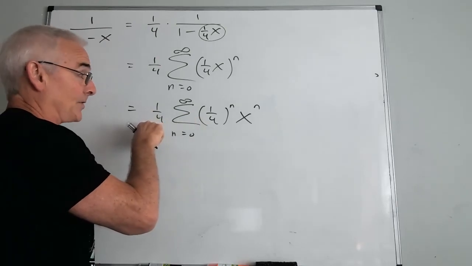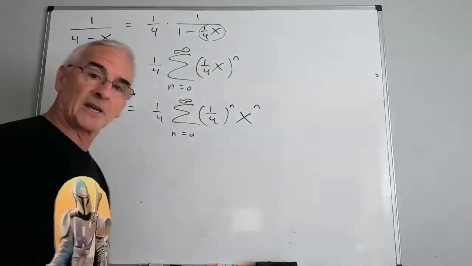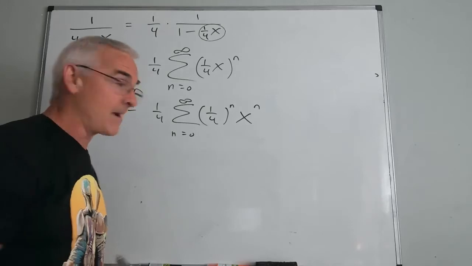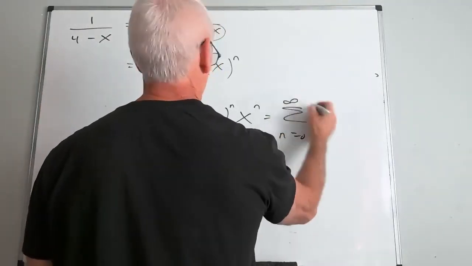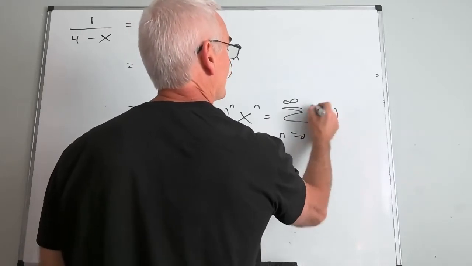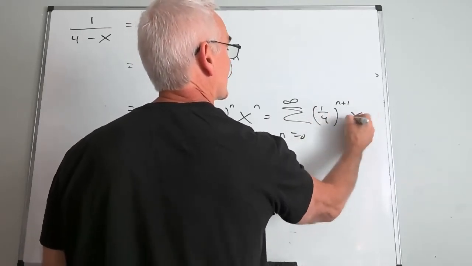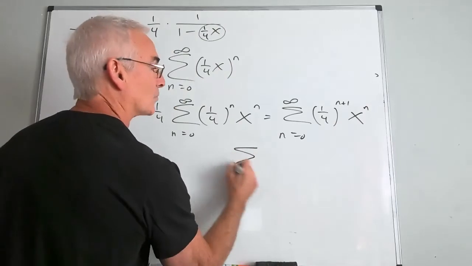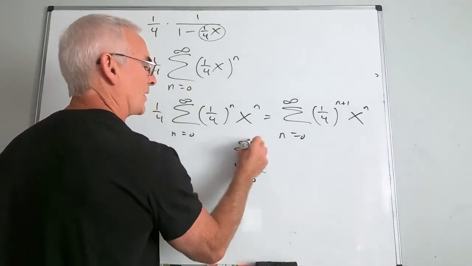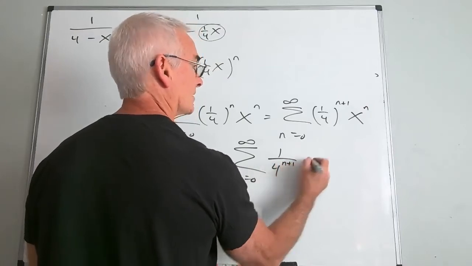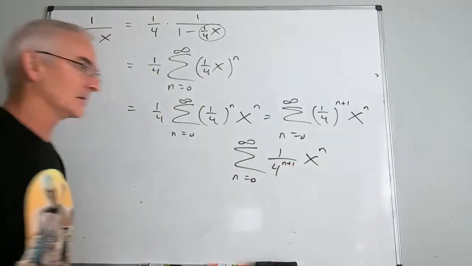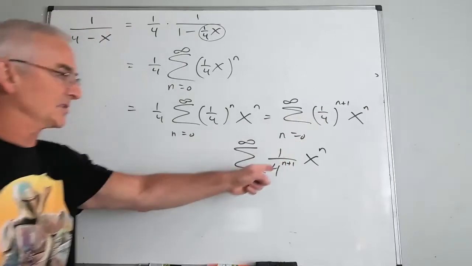I have a fourth on the outside. Can I just move it in and add 1 to the exponent? Yeah. So there's 2 ways that I could write this, and I'm going to show you. I can write this as 1/4 to the n plus 1 times x to the n, or I can write this. That's probably not the way you would see it in a solution. You're more likely to see it like this. Are these the same thing?